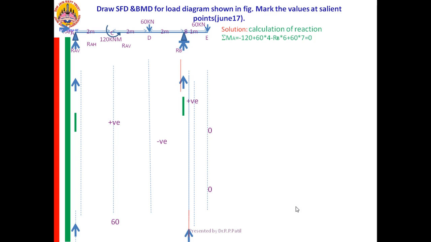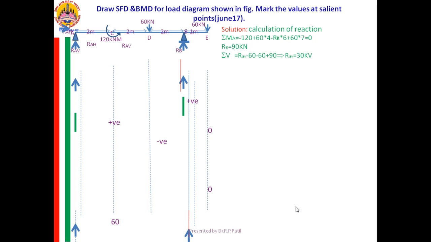You will get RB equal to 90 kilonewton. One more equation left with us is total of vertical forces equal to 0.